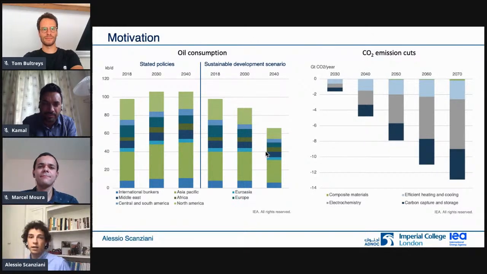On the other hand, these graphs show the emission cuts that we need to achieve to pass from the stated policy to the sustainable development scenario. And as you can see in these emission cuts, the role of carbon capture and storage is quite important.